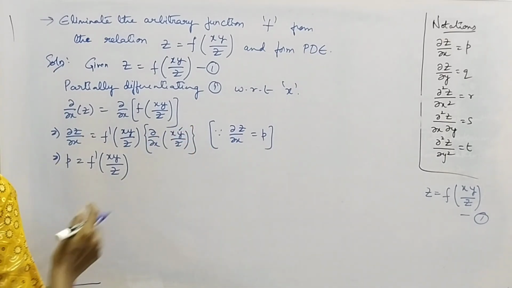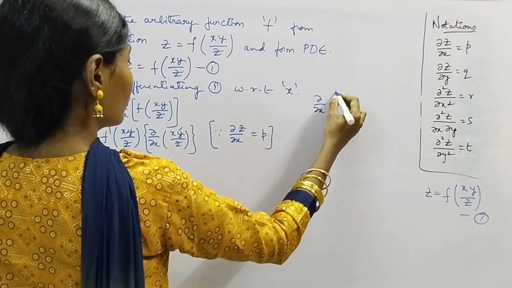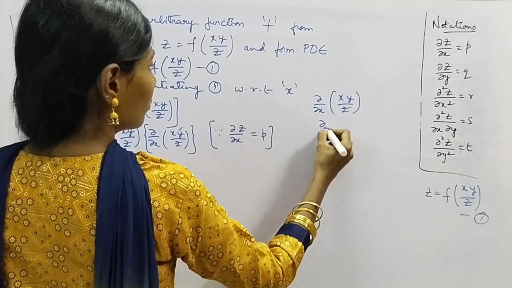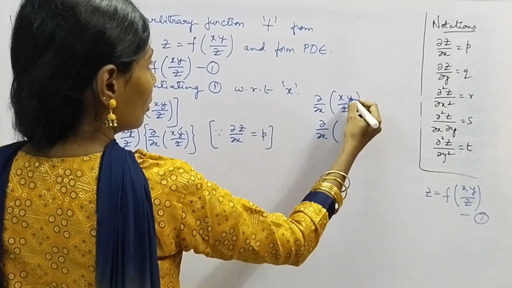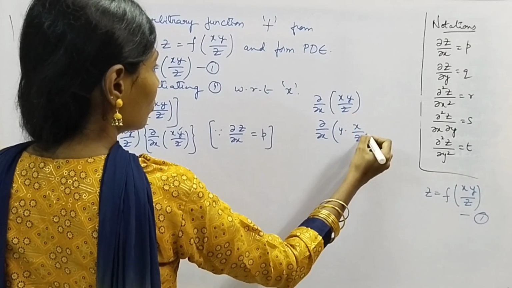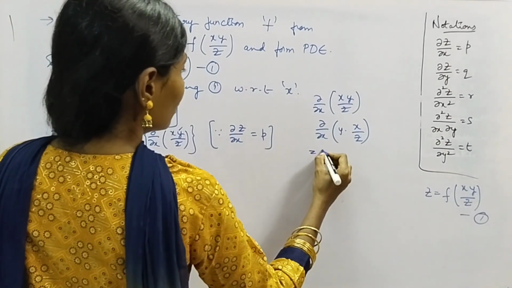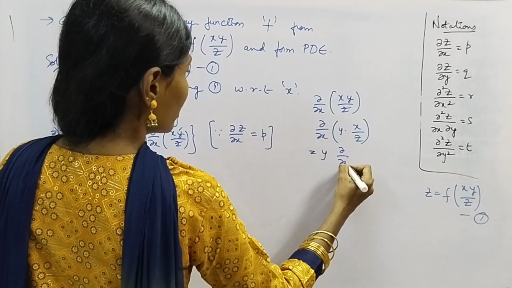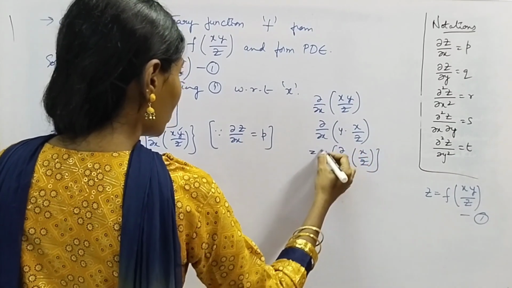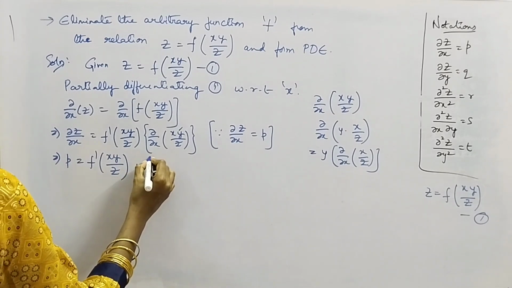Y is treated as constant, right? So we'll write this term as, here y is constant, we can write this as y into x by z. So you'll get y into dou by dou x of x by z, since y is constant.